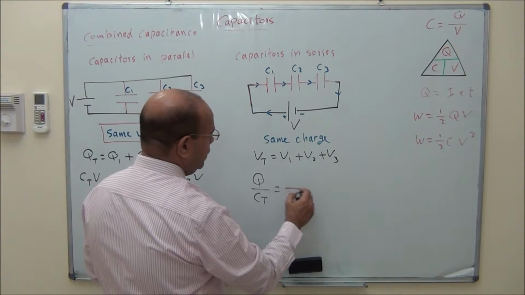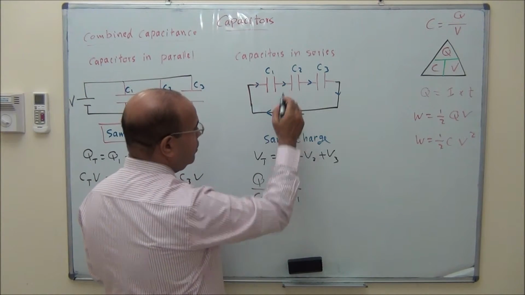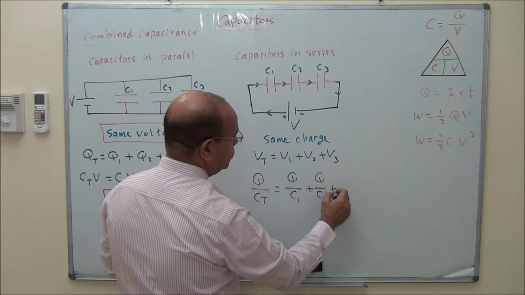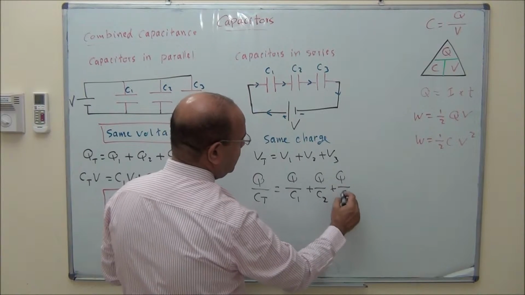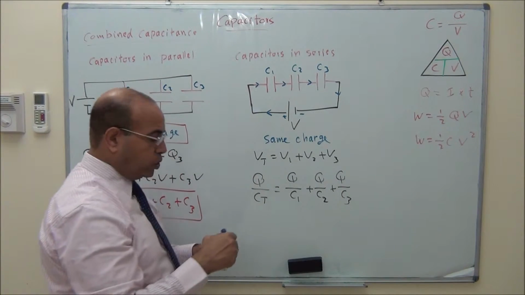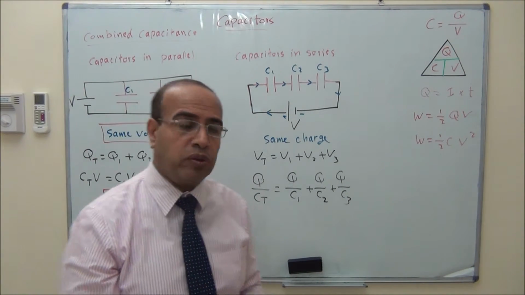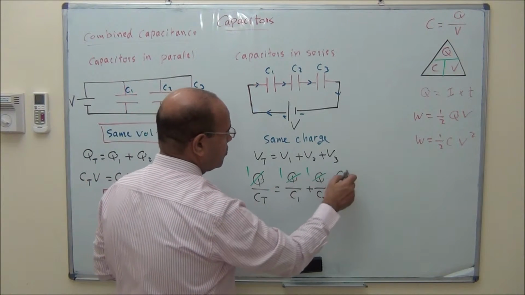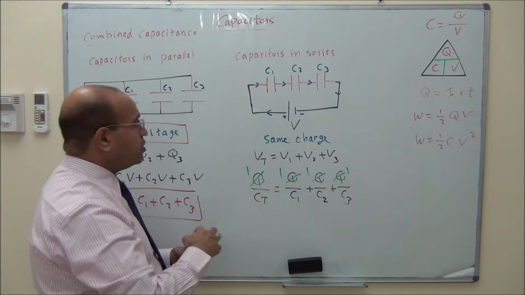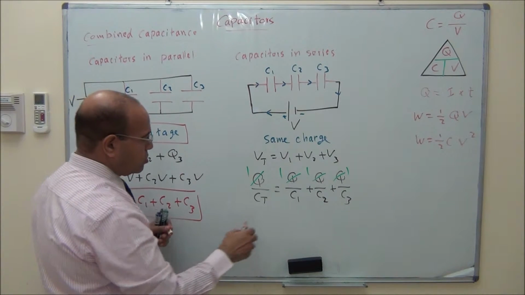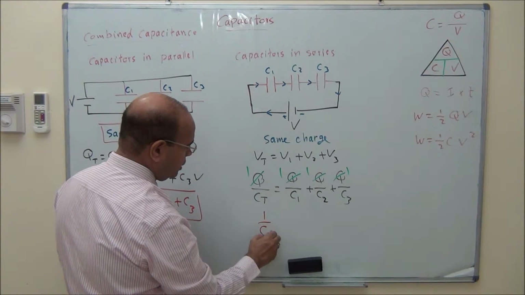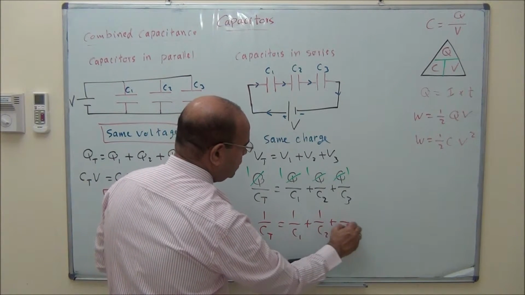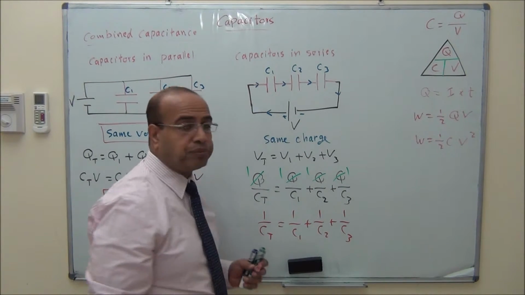V1 is Q over C1, V2 is Q over C2, V3 is Q over C3. We can cancel Q with Q, but we have to put 1 because it's a fraction. So when we divide by Q, we get the formula in case of series: 1 over C total equals 1 over C1 plus 1 over C2 plus 1 over C3.